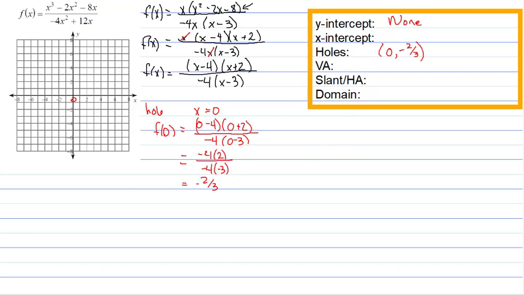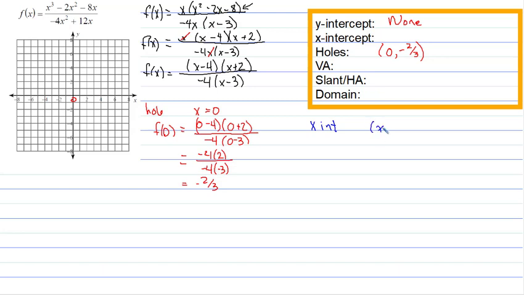Now, let's find our x-intercepts. I just went blank, I was about to show you the y-intercept. The x-intercepts are when our numerator is equal to 0, and again, it's your reduced numerator.